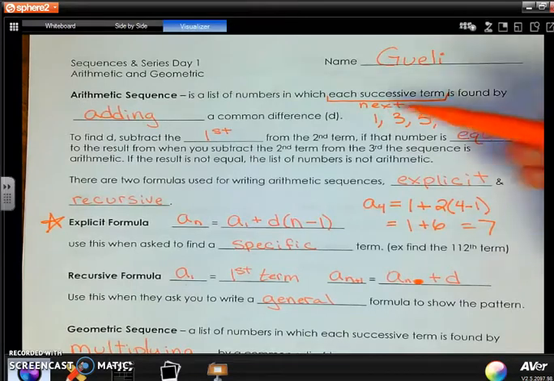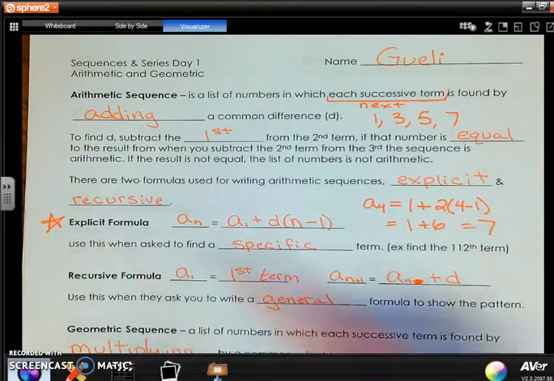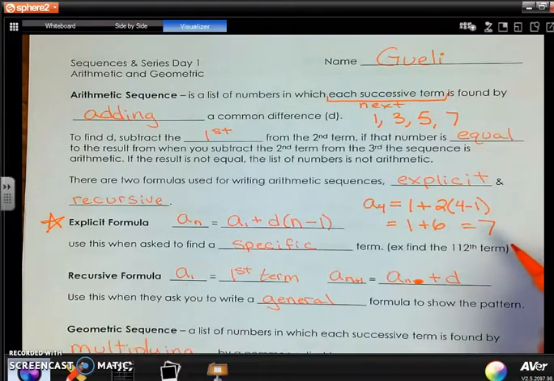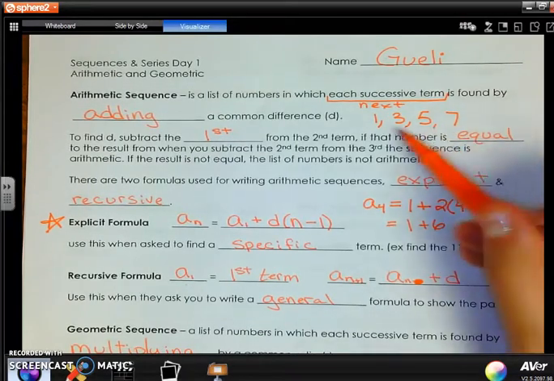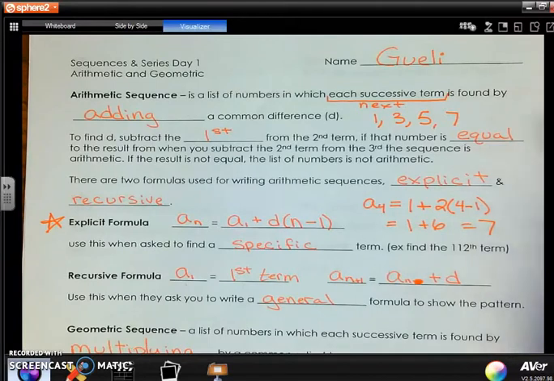So obviously here it was easy just to kind of keep adding 2, adding 2, adding 2. But this formula would be extremely useful, for example, if you were trying to find the 200th term. Obviously, if you wanted to find the 200th term, you wouldn't want to keep adding 2, adding 2, adding 2 forever and ever until you got to the 200th term.